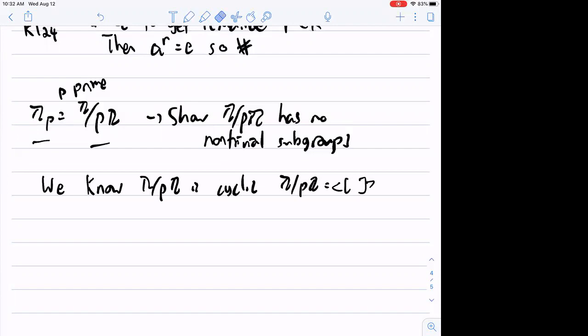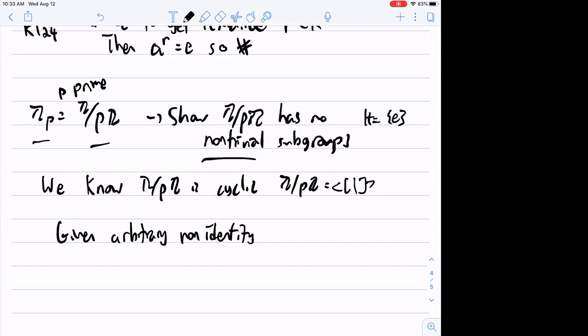So in other words, we just have to check, given an arbitrary non-identity element, that's what non-trivial means, why it generates the whole group.